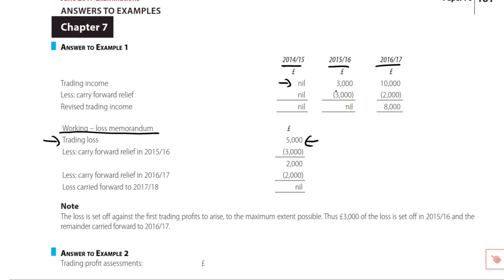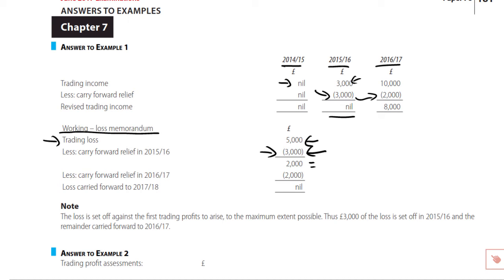Carry forward, of course, there to go against the 3,000, that's used. There, trading income nil. You've used 3,000 out of 5,000 equals £2,000 remaining. That then goes forward against the next £10,000 figure, bringing that down to 8,000.